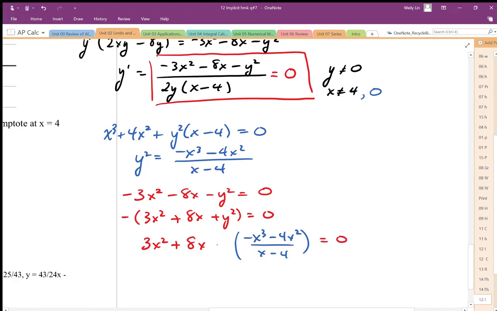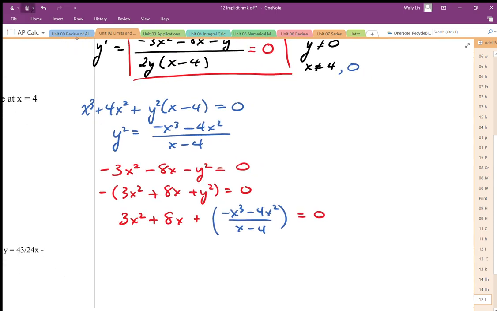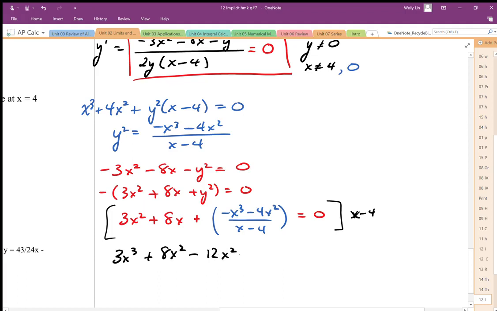Okay, so I want to get rid of this divide by x minus 4. I have already observed my restriction for that. So times x minus 4. And I'm going to end up with 3x cubed plus 8x squared minus 12x squared minus 32x minus x cubed minus 4x squared equal to 0.